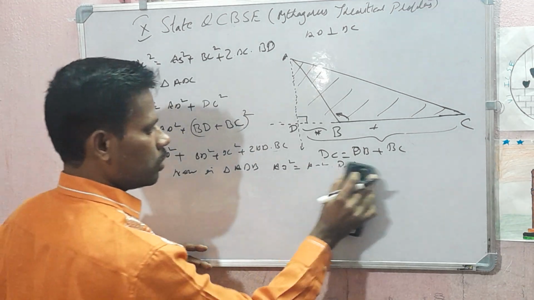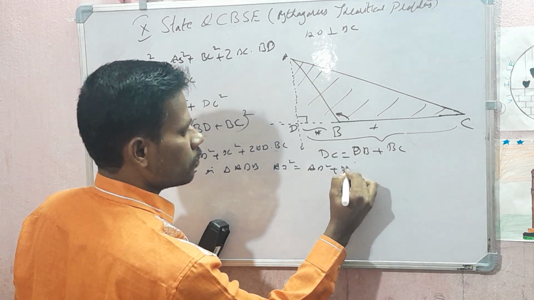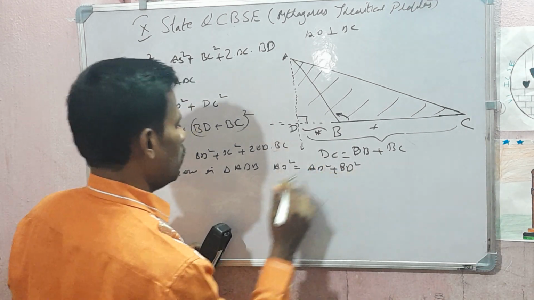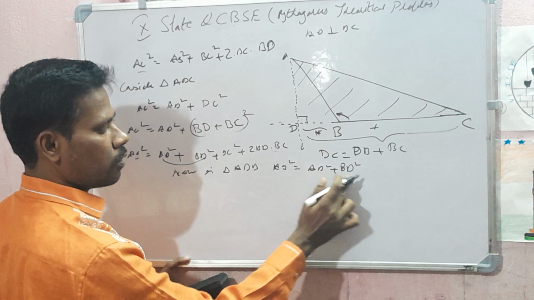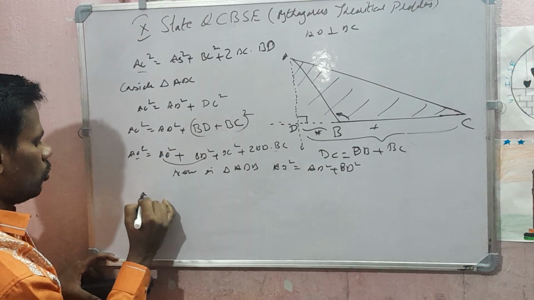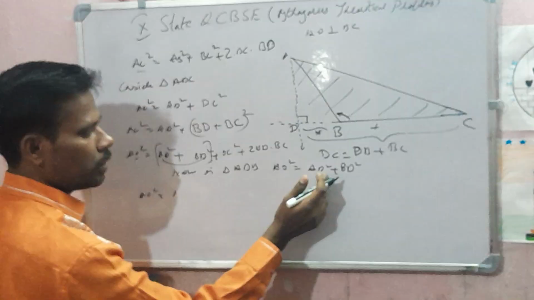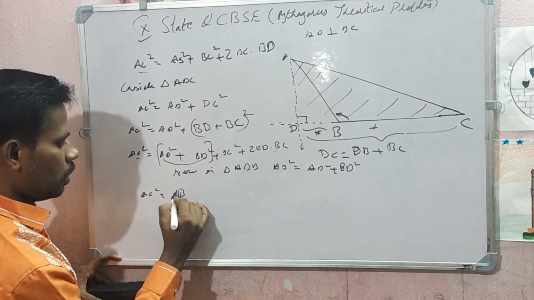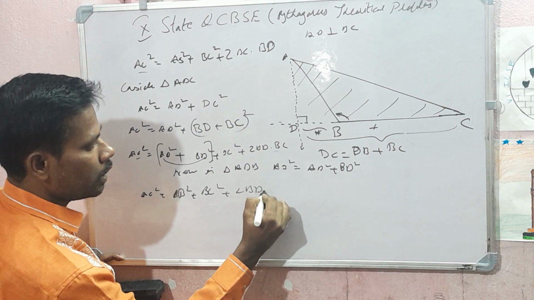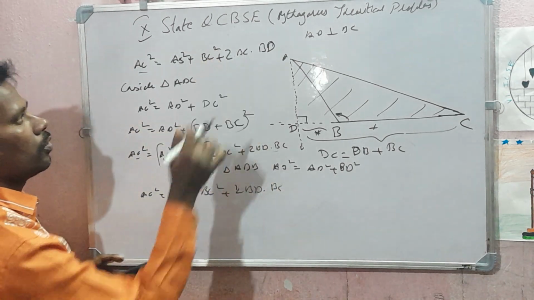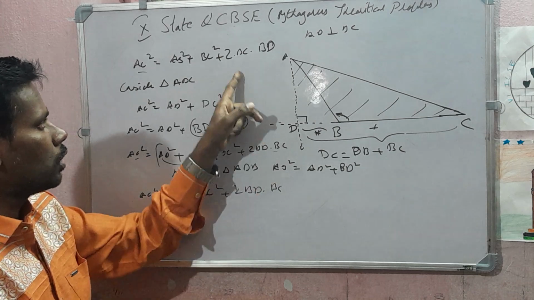So AD square plus BD square is nothing but AB square. So AC square is equal to AB square plus BC square plus 2 times BD into BC.